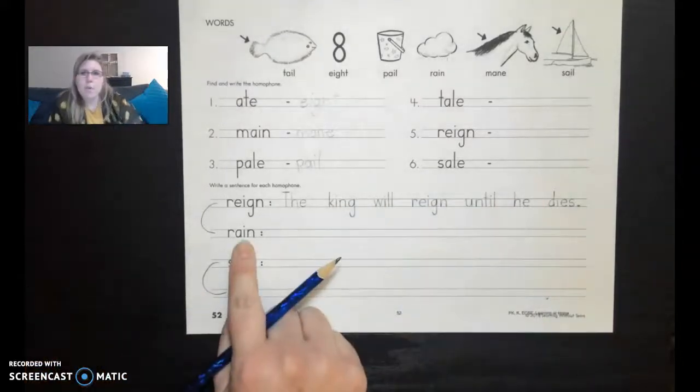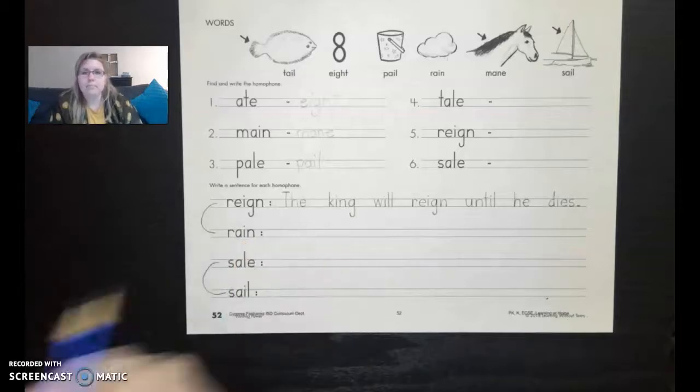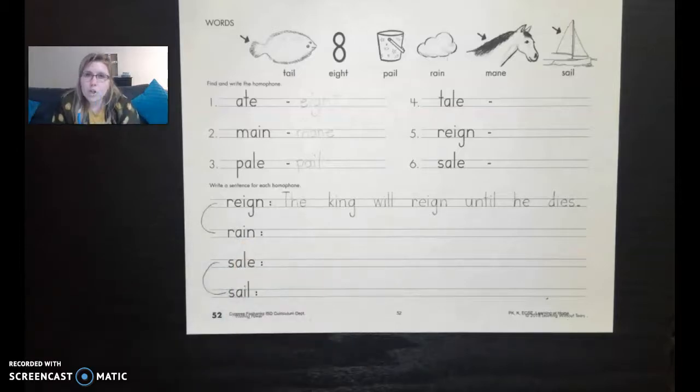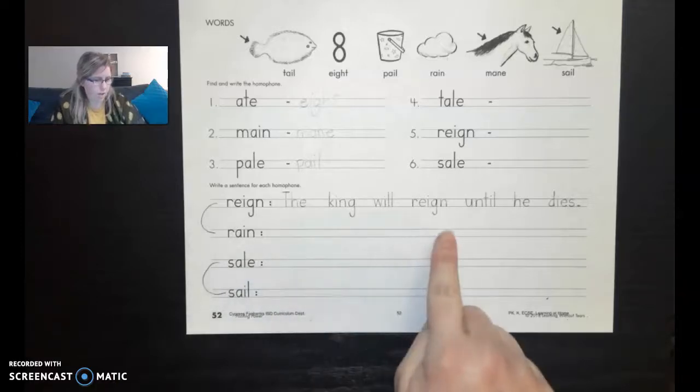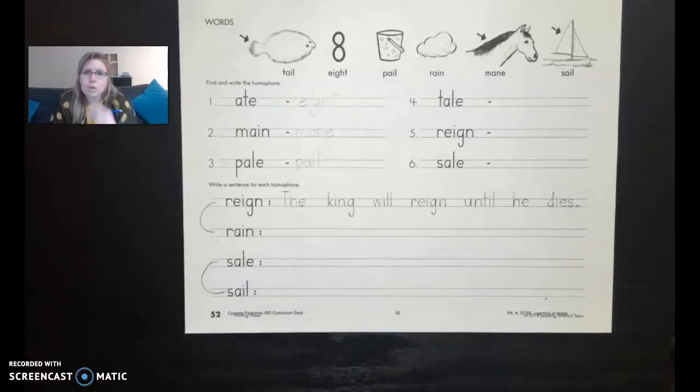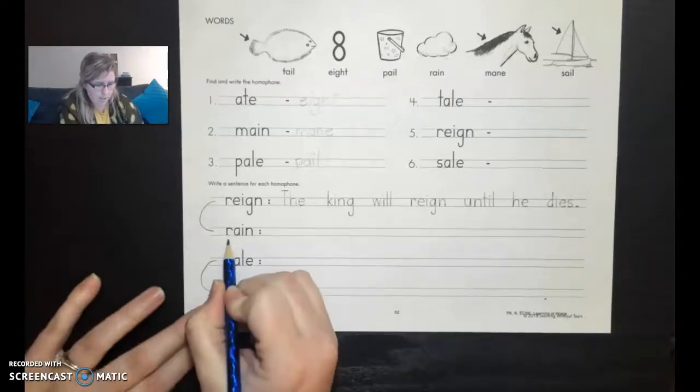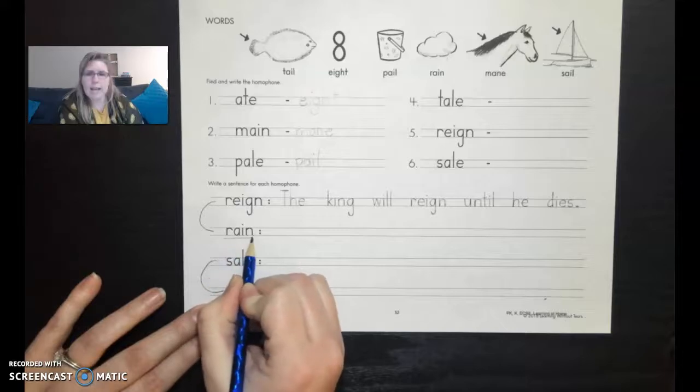Now you're going to come up with your own sentence about rain. What could you say about rain? Maybe you could say, I like the rain. You could write that down, but make sure you're spelling it R-A-I-N.